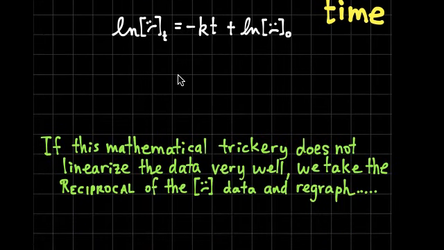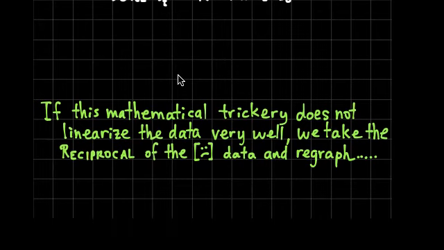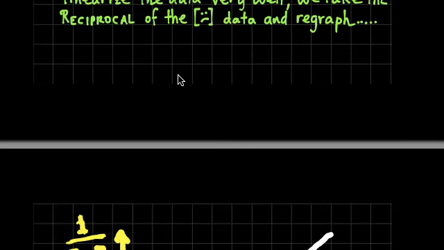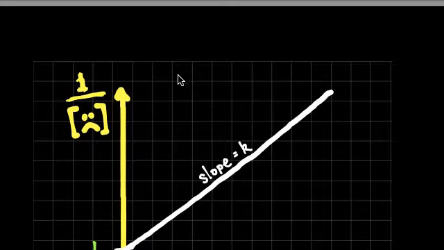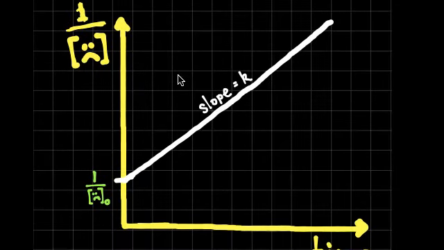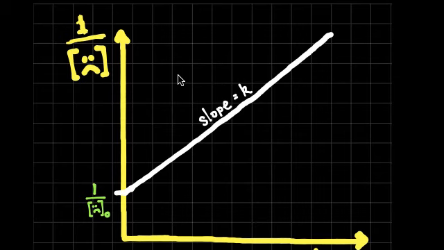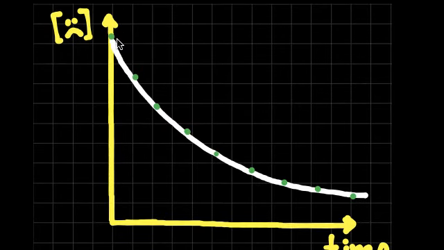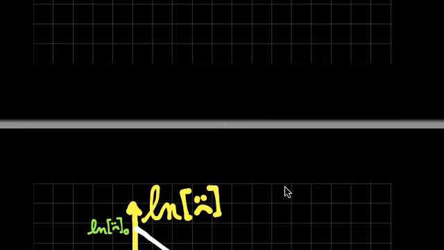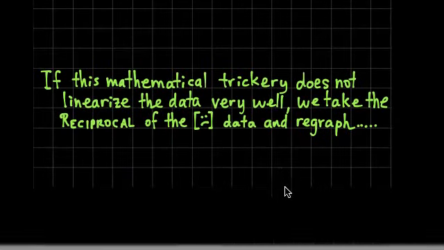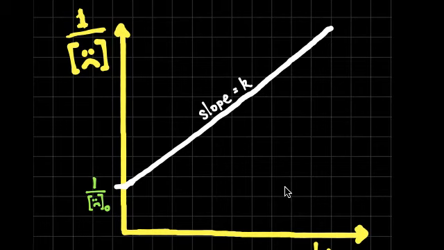And if this one doesn't work, then we try the reciprocal of the frowny face, or whatever species concentration we're talking about. So again, on the x-axis I have time. On the y-axis I took the original data, and that original data was right here. Take the reciprocal of those original y-axis values and see if it linearizes the data. And if it does, it looks something like this. Y equals mx plus b.